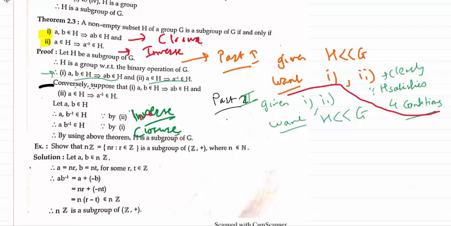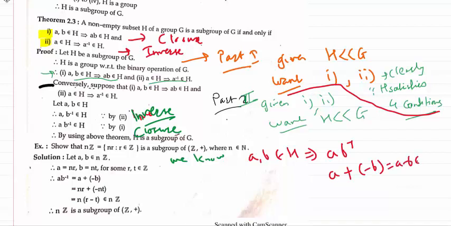We have to use theorem 1, meaning if A and B belong to H, then AB inverse belongs to H. Here the binary operation is addition. The additive inverse of B means here minus B. That means A minus B must belong to H.